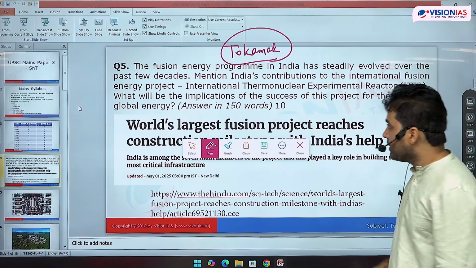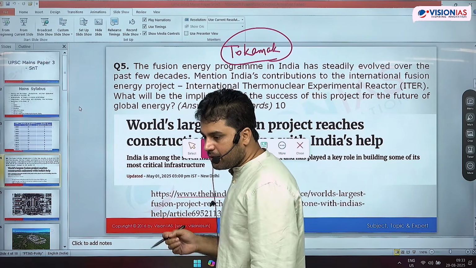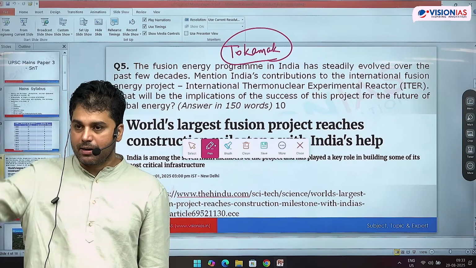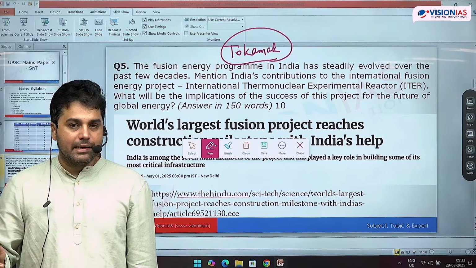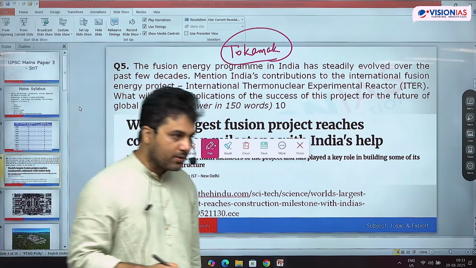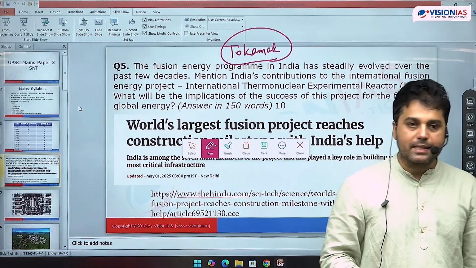But you should mention that there is an organization called Institute of Plasma Research which first built its tokamak called Aditya tokamak, and later a tokamak called SST1, steady state superconducting tokamak. You do not have to write the full name. Even if you write SST1, that is fine.